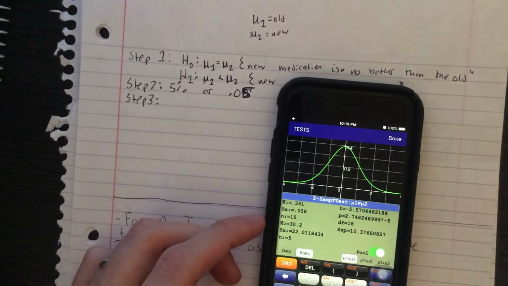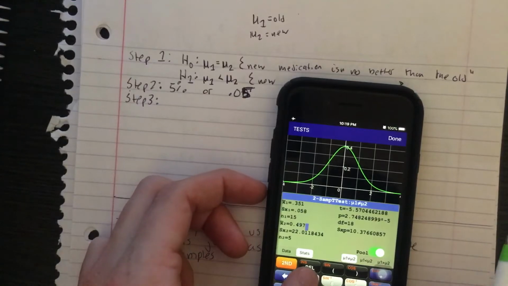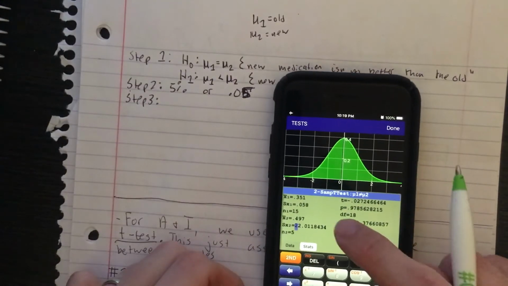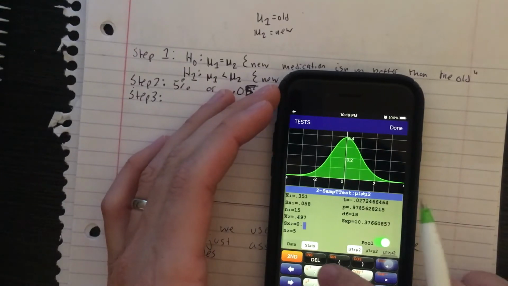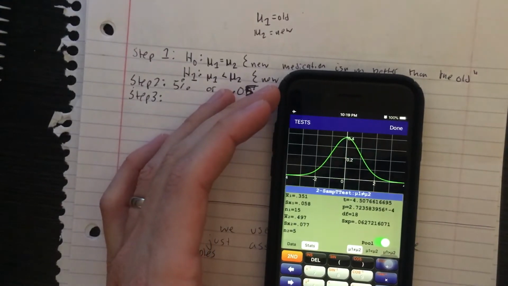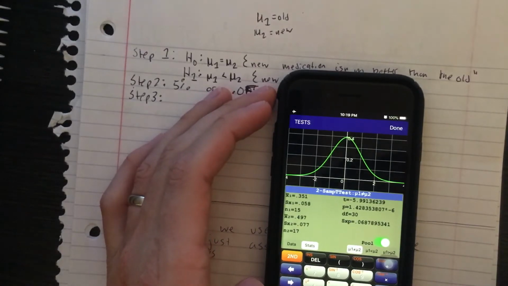And then for the second one here, the mean was 0.497. The standard deviation there was 0.077. And the sample size for those who got the new medication was 17.